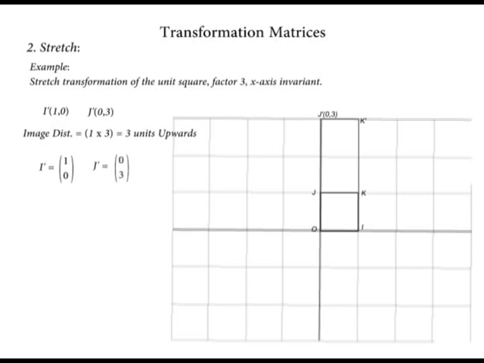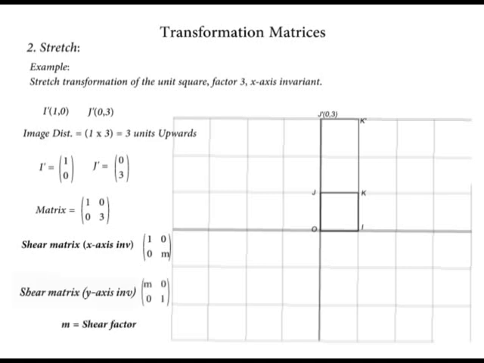As a matrix, that will be [1, 0; 0, 3]. In general, the stretch matrix with x-axis invariant is given as [1, 0; 0, m], where m is the scale factor. If you repeat the same for y-axis invariant, the matrix will be [m, 0; 0, 1].